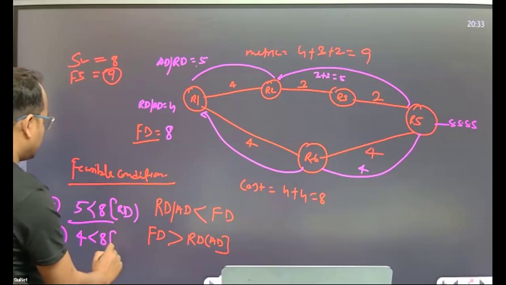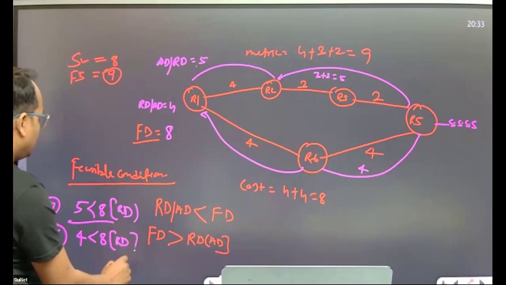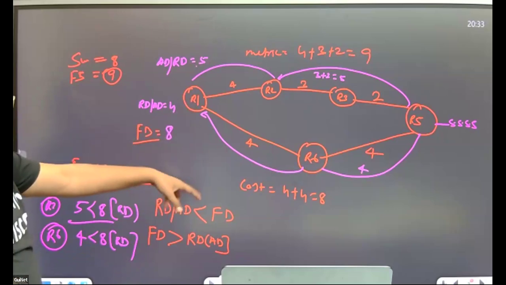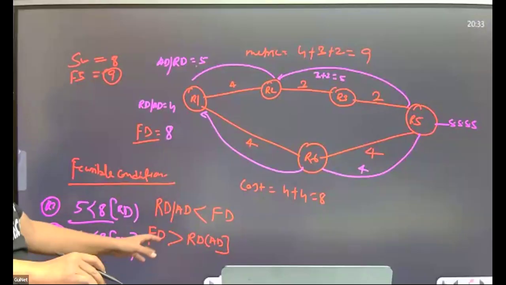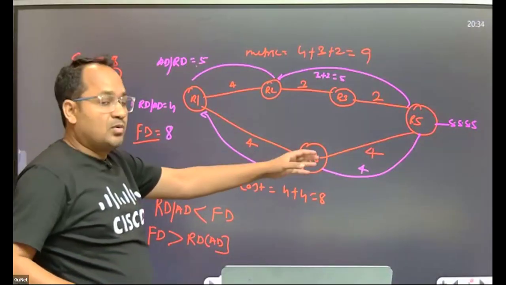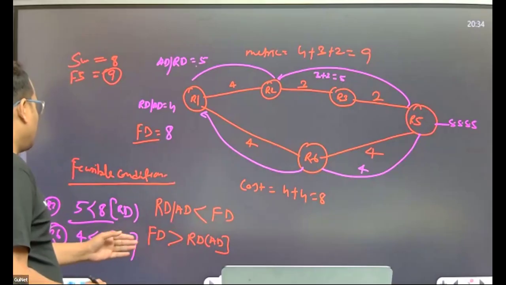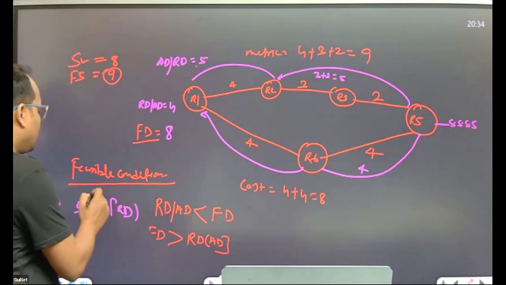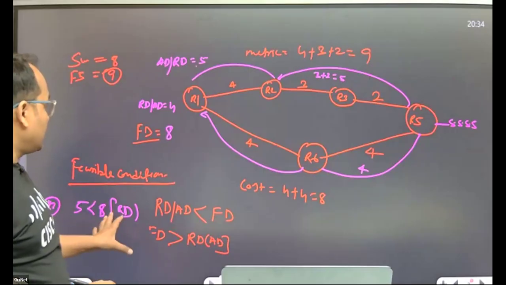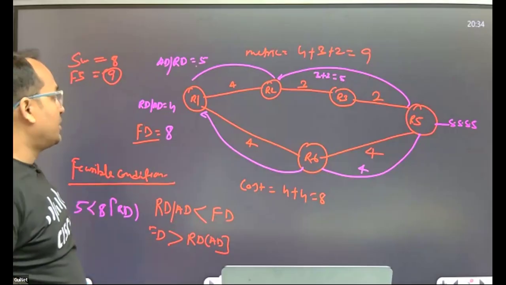So this is my reported distance. Do both paths meet the feasible condition or not? Yes, both paths meet the feasible condition. So in this case, this one becomes my feasible successor because I have the lower path. This path is eligible to be your backup path because it meets the feasible condition. If it is going to be greater, under which condition would it be greater?